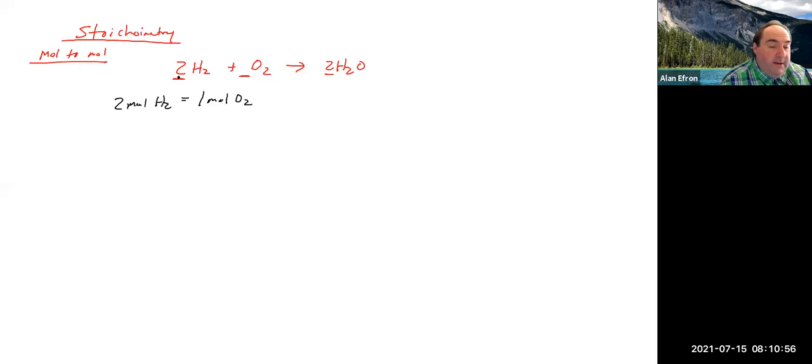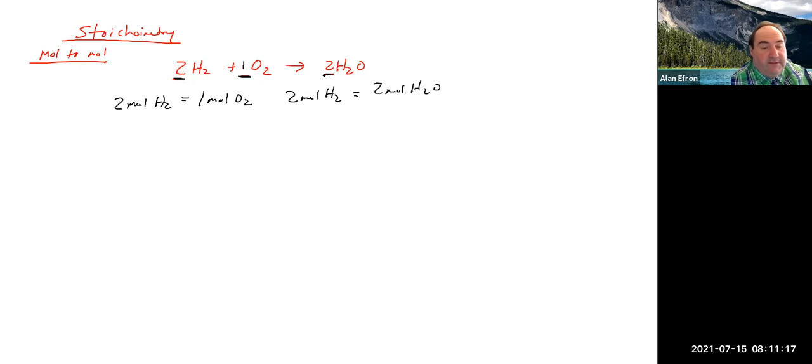The 2 and the 1 come directly from the coefficients. Remember that if nothing's written, it's assumed to be 1. We could also say that for every 2 moles of H2 I put in there, I could expect to get out 2 moles of H2O.